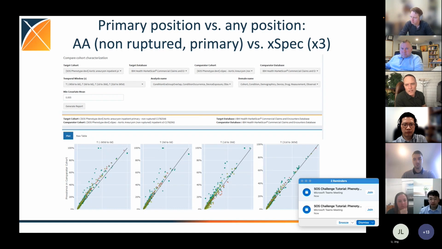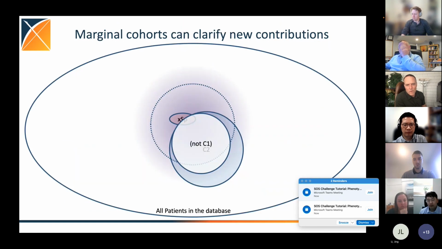One of the things that is helpful, especially when we're expanding from our initial, or our middle or smaller circle, which was having a diagnosis in the primary position, to having that diagnosis in any position, is that it can be a challenge, like I mentioned, to evaluate those two compared to each other, because you don't know how many of those features are being driven by the cohort that's being superseded by the larger one.